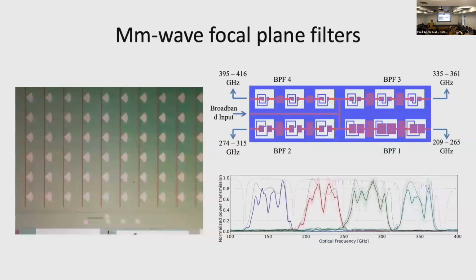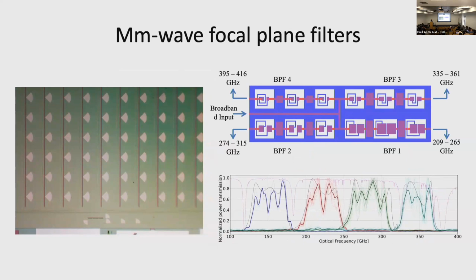We also have quite a bit of experience actually making filters like this at millimeter wave frequencies, done in the astronomical focal planes that we make. So this just shows an example of types of circuits that we've made.